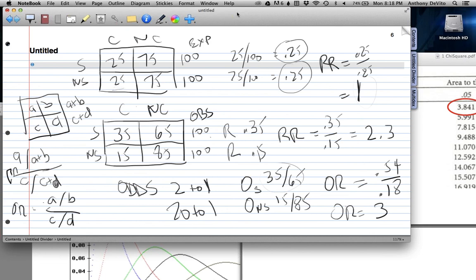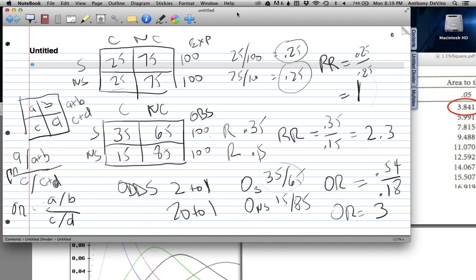Now, if I had told you that the relative risk was 2.3 and the confidence interval for that value was 1.5 to 3.5, would you reject now? And the answer to that is yes, you would reject, because you're 95% sure it's not 1. It's greater than 1, right? So the relative risk and the odds ratio give you the magnitude of the difference in your observed values to your expected values.